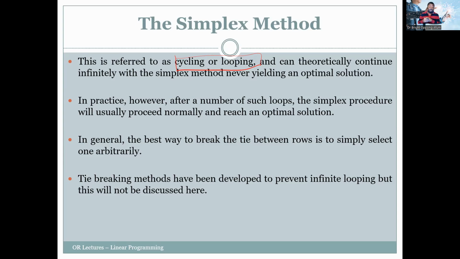And if it attains a value of 0, there is a likelihood that there may be cycling or looping in the next iterations, which will be difficult to yield a particular optimal solution, so it will continue infinitely, right?